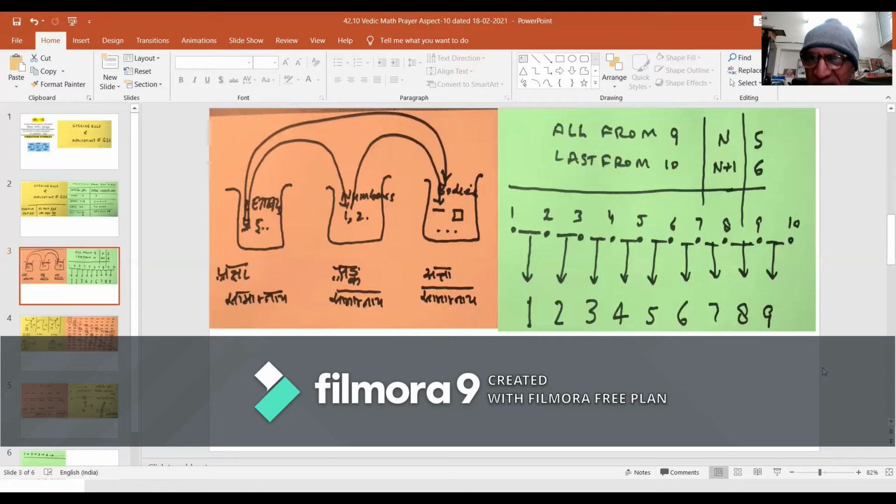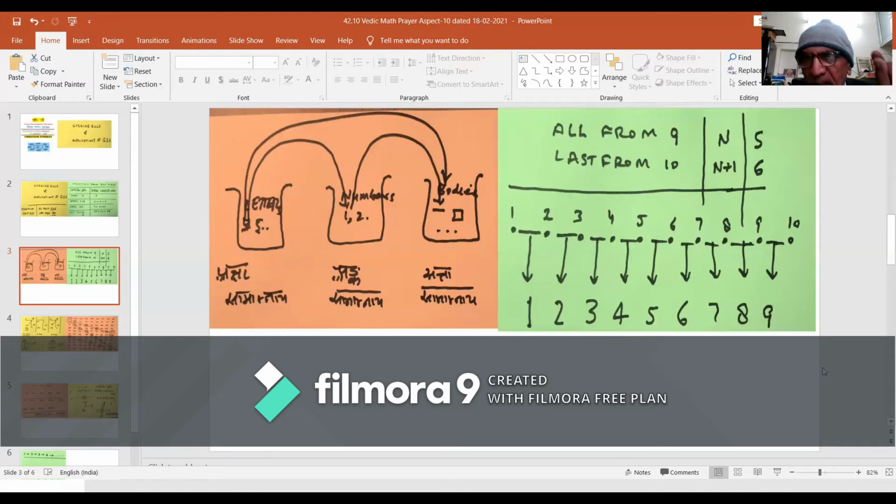If we want to work with a 6 place value system, then n will be 5 and the place value will be 6.